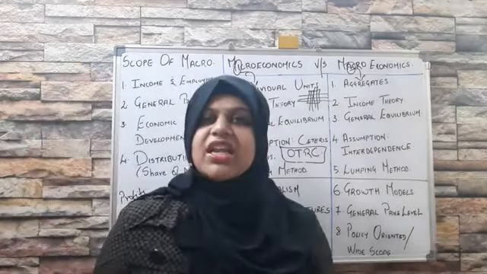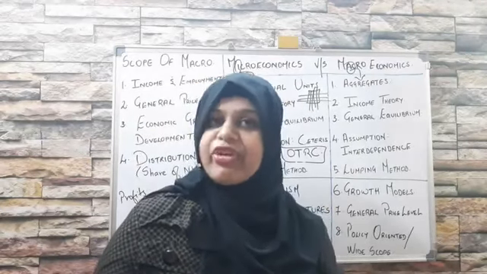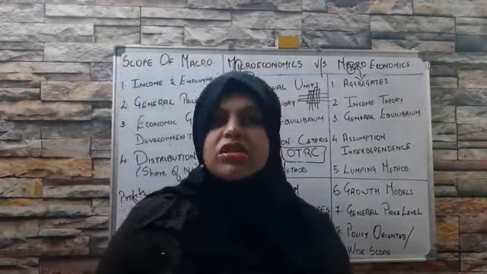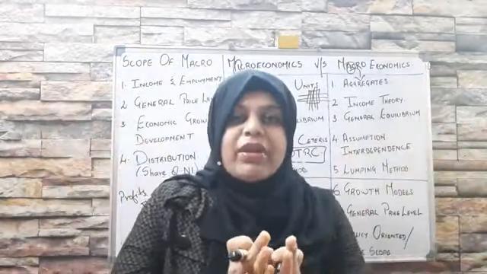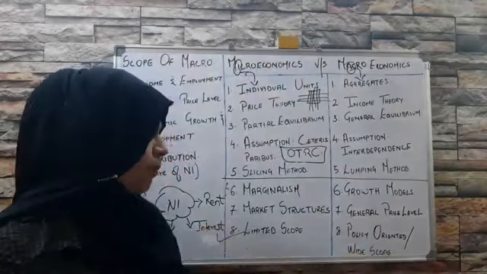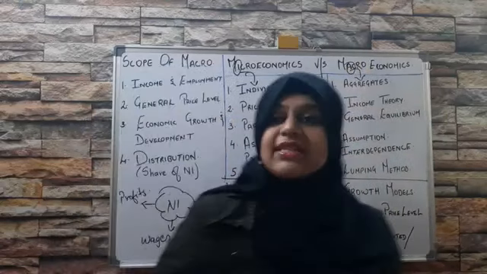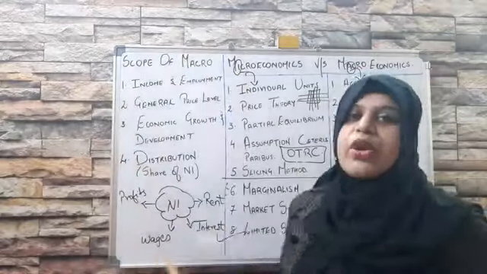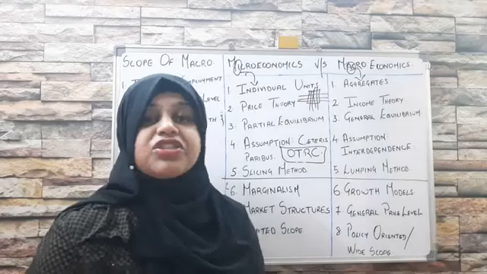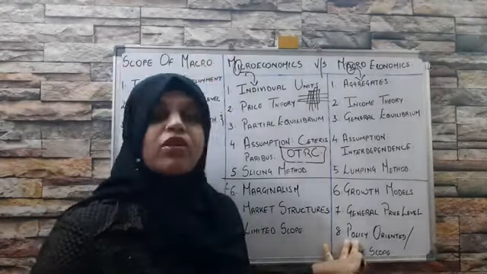Microeconomics has a limited scope. You know why? In our previous class, again, we had discussed it. It has a limited scope because it is not studying the entire economy, it is studying the parts of the economy. That is why it has limited scope. Here you have a wide scope. Macroeconomics is studying all of these big variables, and that is why the scope is wide. It is used by government officials to plan certain policies.